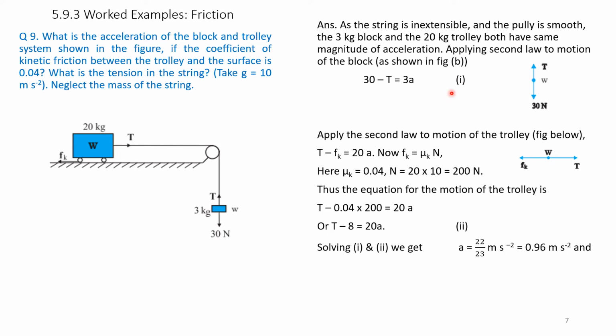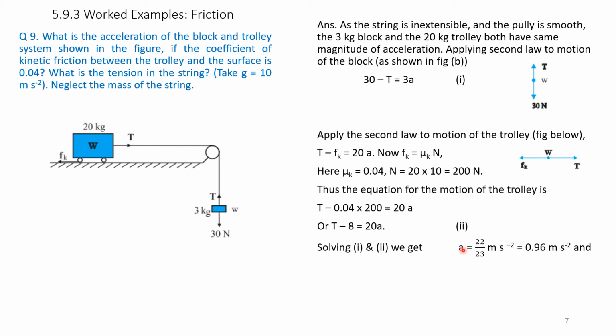Solving equations 1 and 2, if you add equation 1 and 2, you will get 30 minus 8, which is 22. Plus T and minus T get cancelled. 20A plus 3A is 23A.